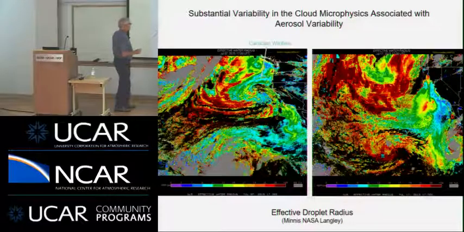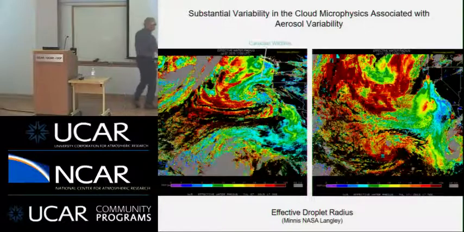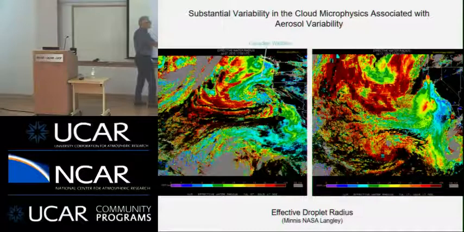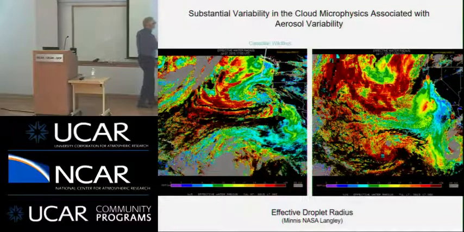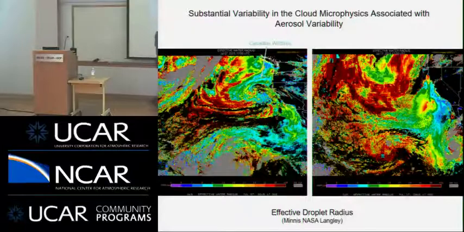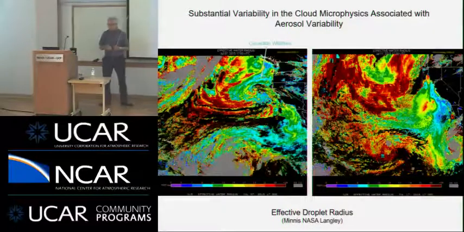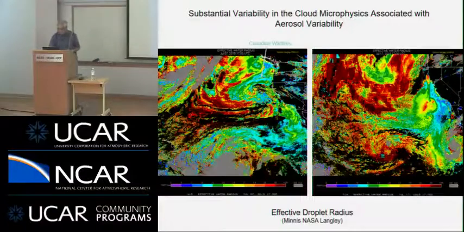In this effective radius, the blue is smaller and red is larger droplets. So these are the cloud droplet size, effective diameters. And here you can almost see that smoke being wrapped around into this system. This is another case on July 17th, but again, you can see where some of these coastal areas are definitely affected by the aerosols that are going in there. So we've got a good chance on this case to look at some of that variability.